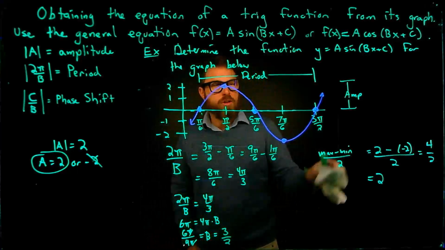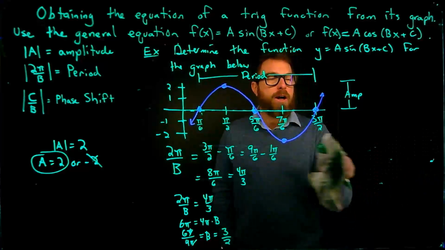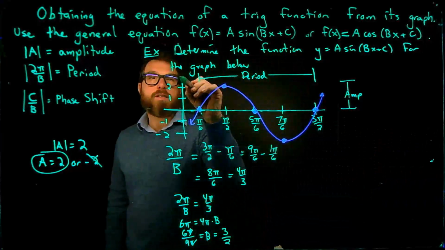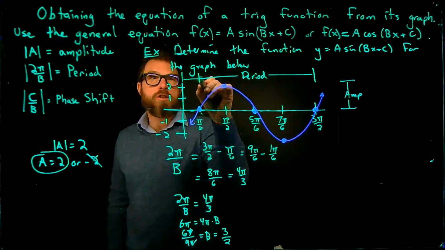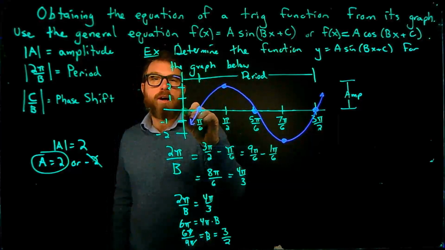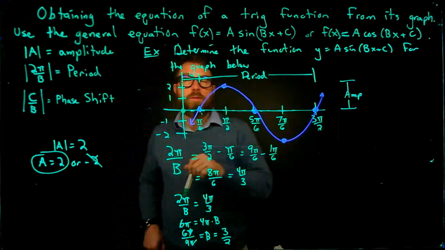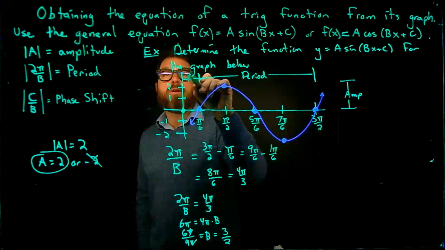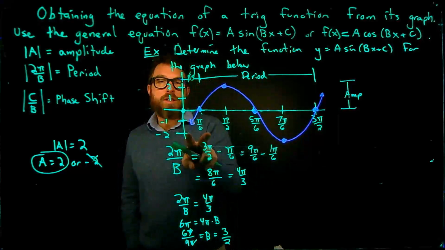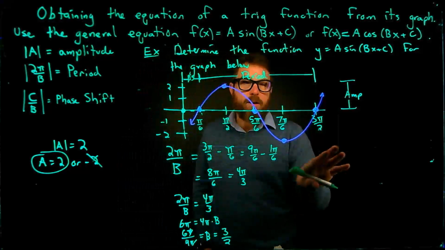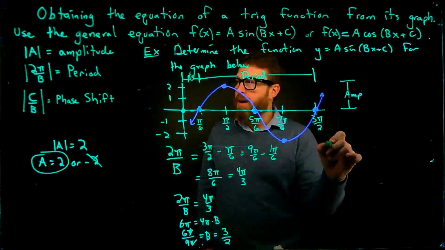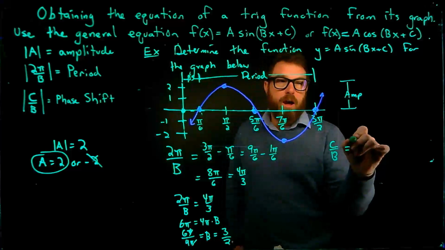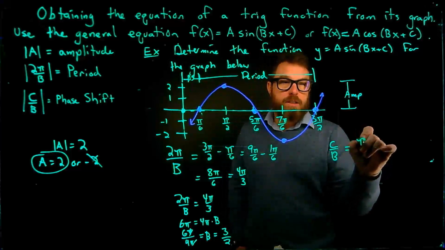Now our last goal is to find our phase shift. What we know is that the phase shift ends up being the distance pulled off of your original input, which would be 0. So your phase shift is this distance here, which is equal to pi over 6. So we have c over b equal to pi over 6.